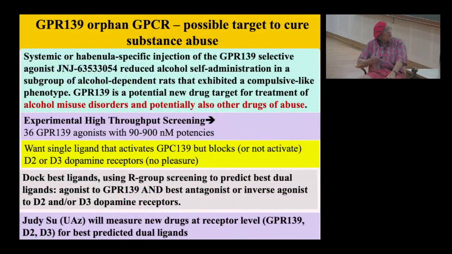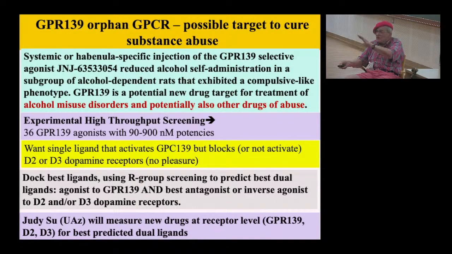The other project we've been working on is substance abuse. There's an experiment showing that if you could agonize an orphan receptor, GPR139, which no one knows what it does, and at the same time block or at least not activate the D2 or maybe D3 dopamine receptors (it's not clear whether you want to block both or just D3), then what happens with mice is that it cures substance abuse.